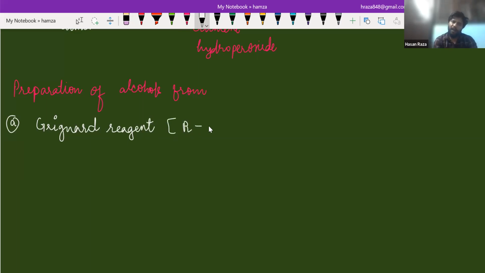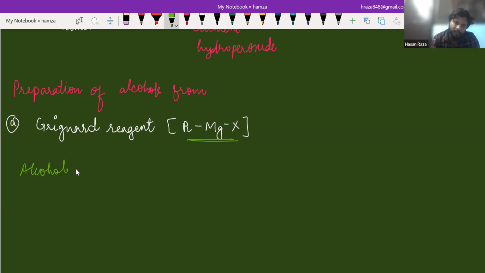That is basically RMgX. And I already told you that this RMgX is very reactive in nature. This is very important. So how does this Grignard reagent react with ketones or basically carbonyl compounds to give you alcohol? So it's very important to write some points about this.